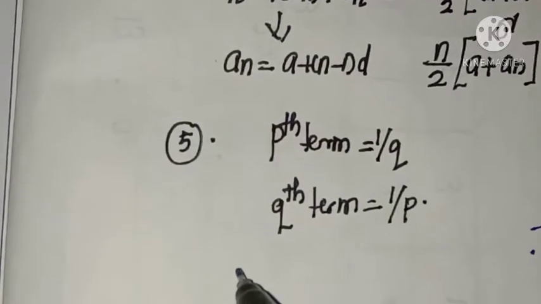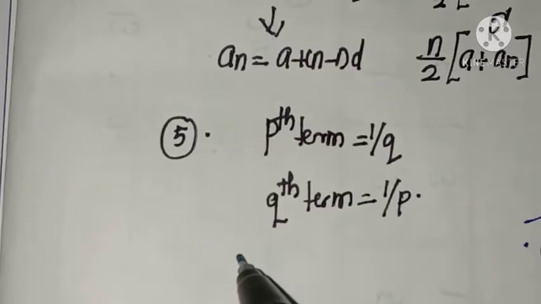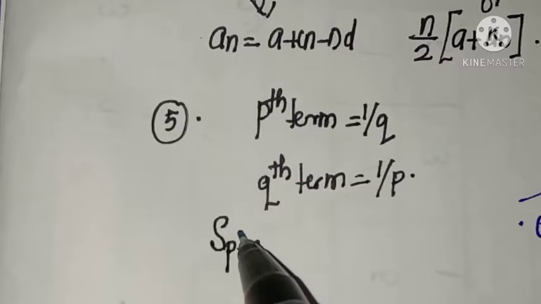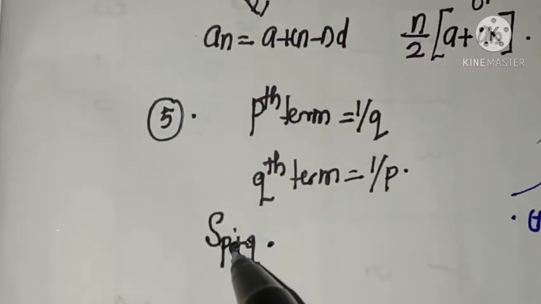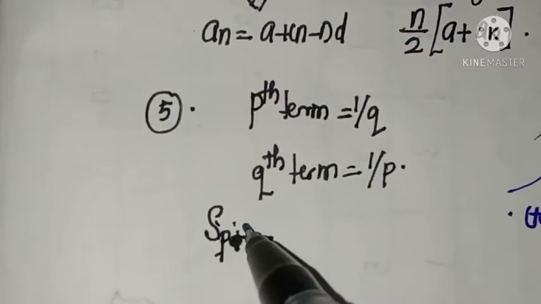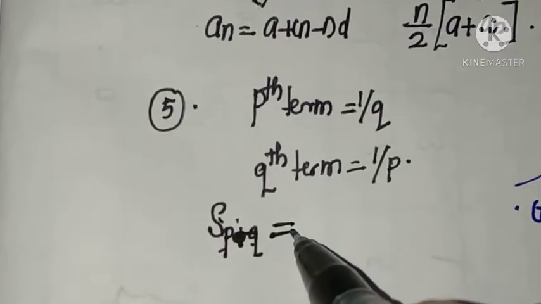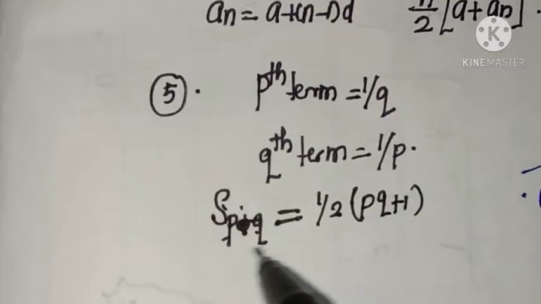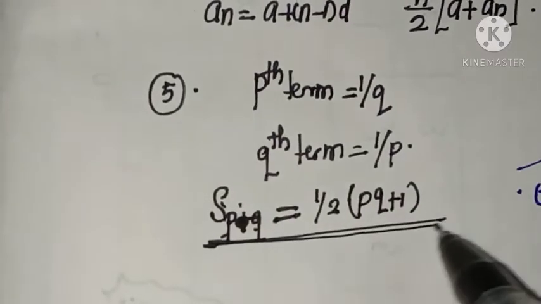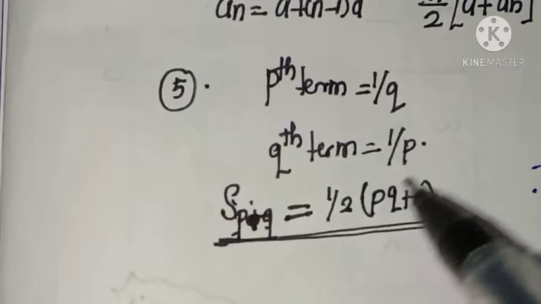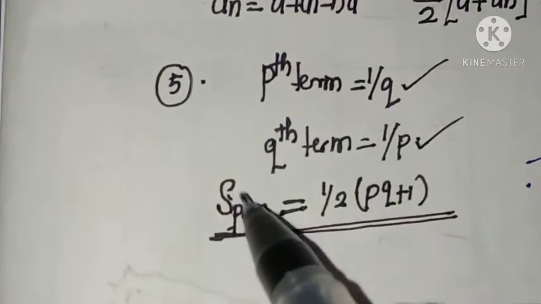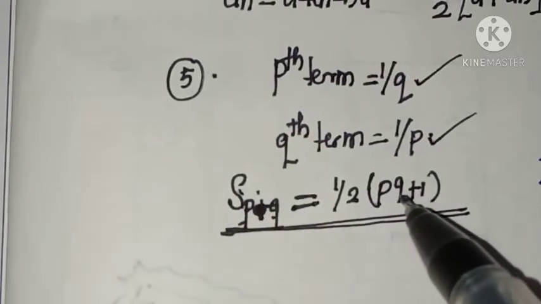Then prove that the sum of the first pq terms, that is S_pq, is half into pq plus 1. This is what we need to prove: the sum is equal to (pq plus 1) by 2. So the pth term is given, the qth term is given.